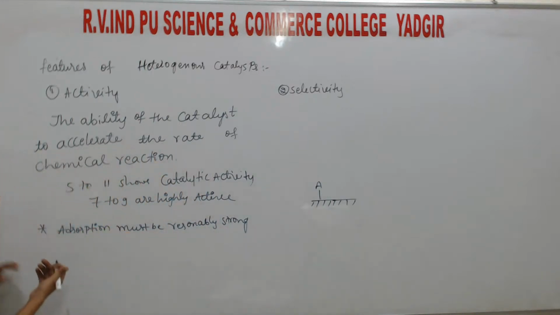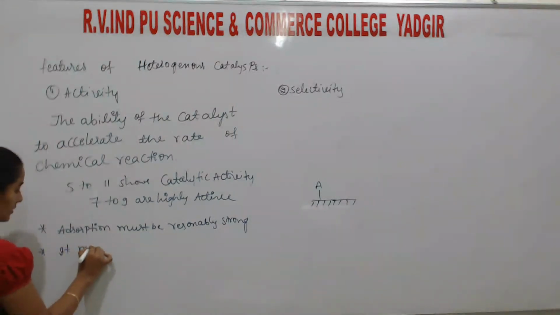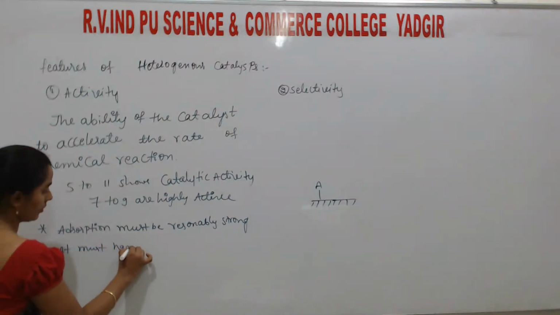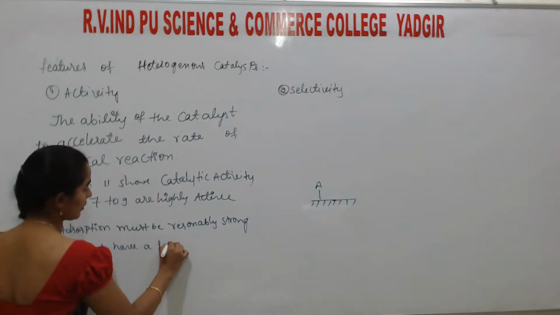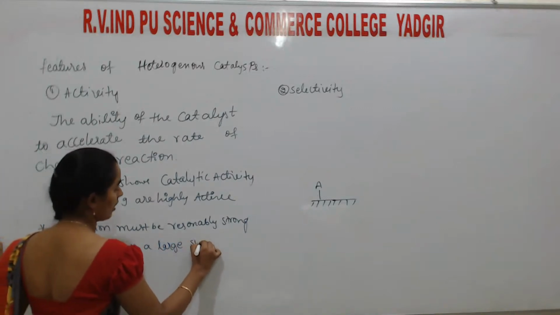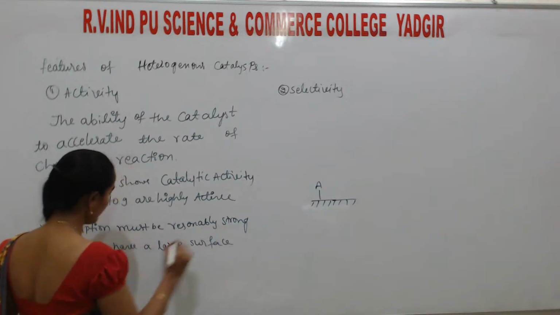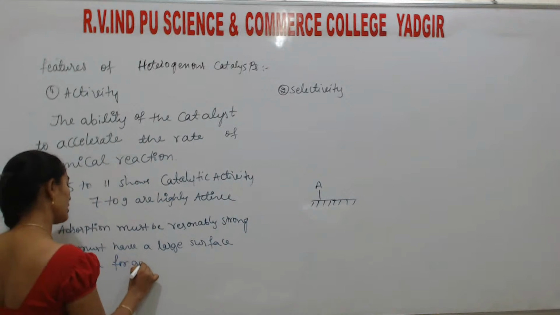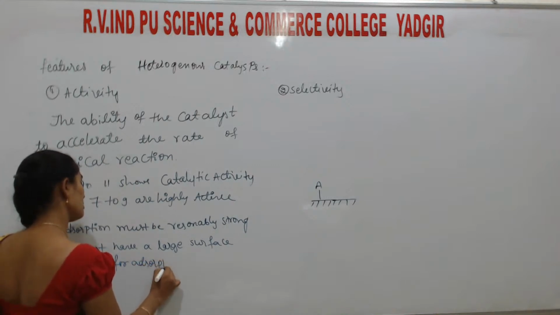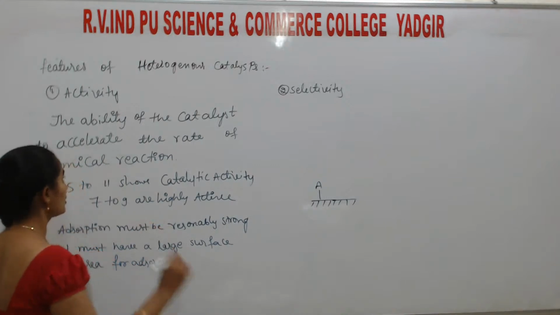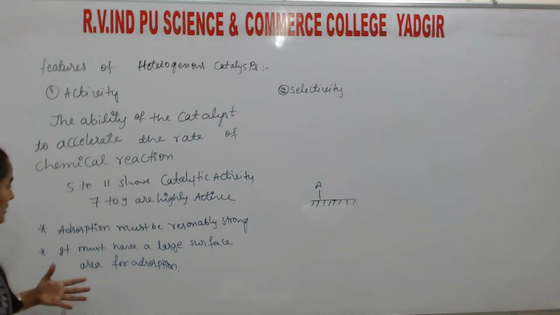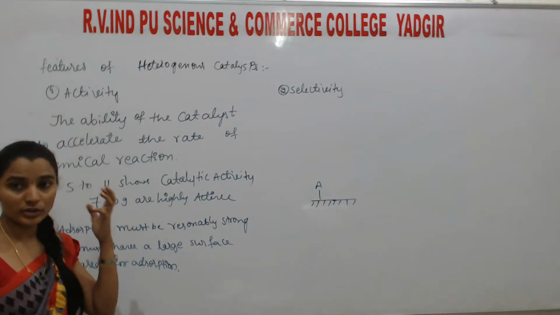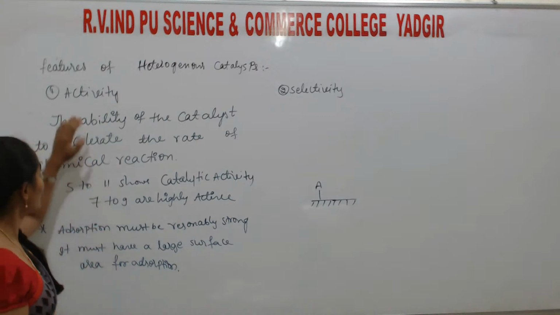Okay, next another one is it must have a large surface area for adsorption. These are the conditions or reasons for the activity of this catalyst. What does this activity mean?